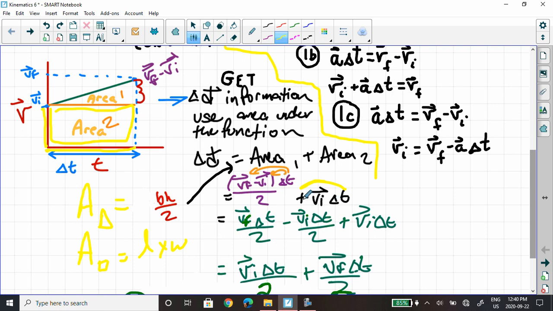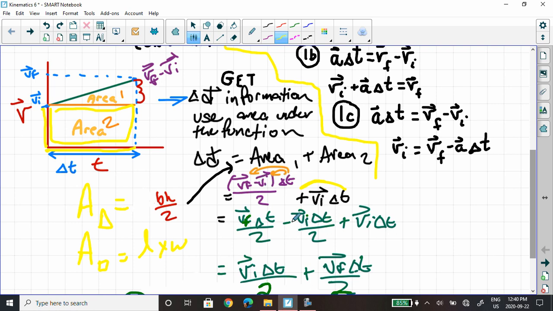So now what I'm going to do is some distributive multiplication and distribute the time into the bracket. So I get VF times delta t, and then I have to divide it by 2. So I create this term here, VF delta t divided by 2. Now I'm going to take this delta t and multiply it into the negative VI.